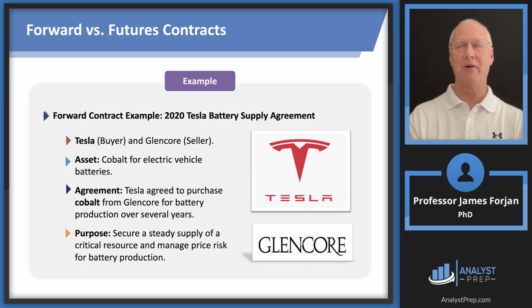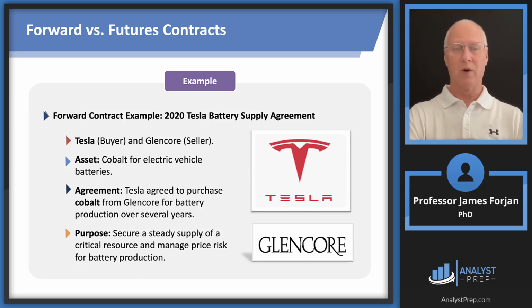They have to put it in a battery, so they get it and throw it in the battery, however that works. And so what could happen? The worst thing that could happen to Tesla is that the price of cobalt goes from whatever it is today and it doubles or triples, right? And then all of a sudden a Tesla car becomes priced too high for its target audience. So here's an example of, let's call this a commodity forward contract with cobalt.